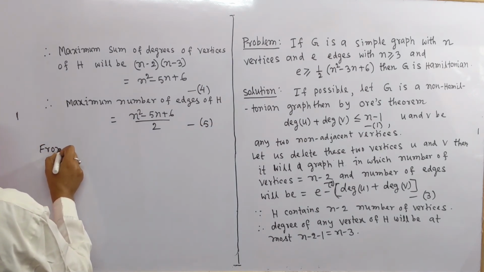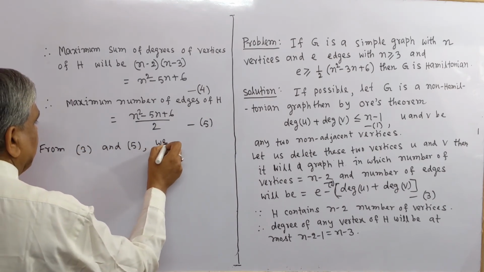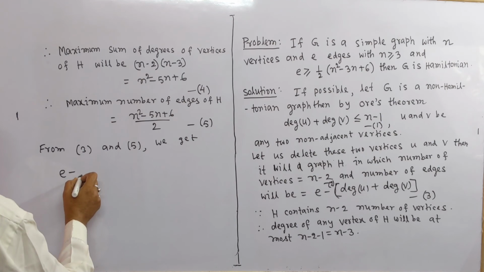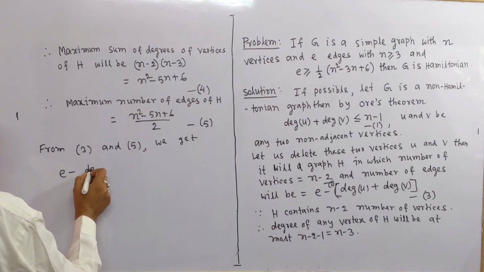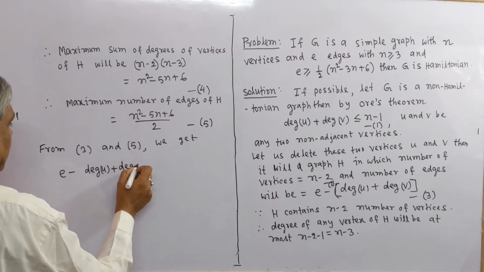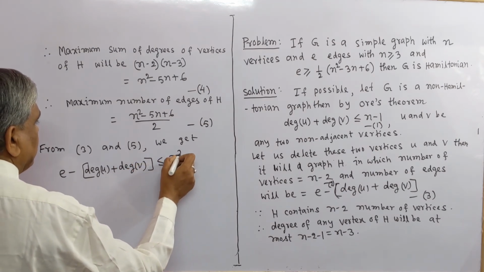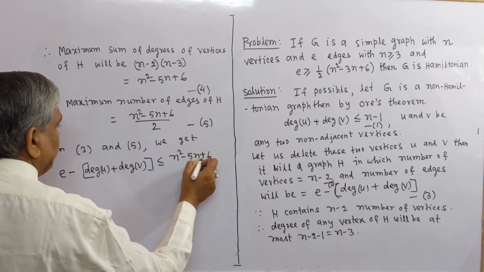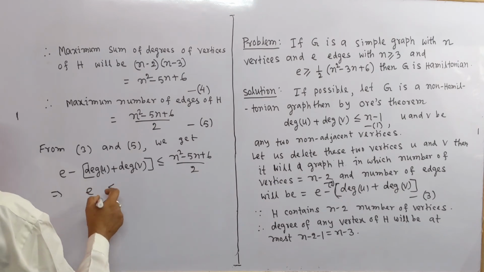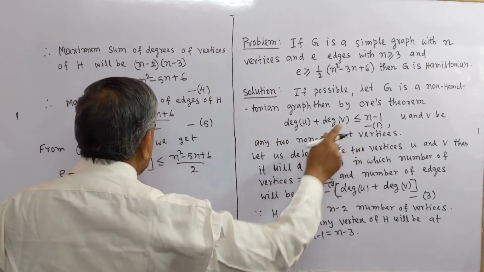From 3 and 5 we get E minus degree of u plus degree of v is less than or equal to n square minus 5n plus 6 by 2, which implies that E is less than or equal to n square minus 5n plus 6 by 2 plus degree of u plus degree of v, which is less than or equal to n minus 1 using 1.